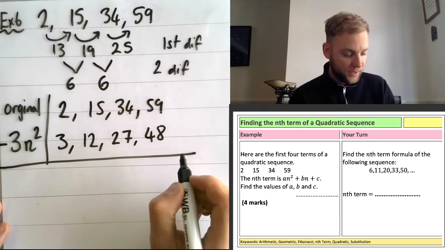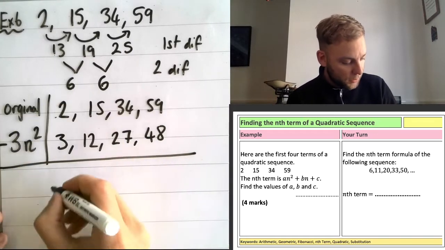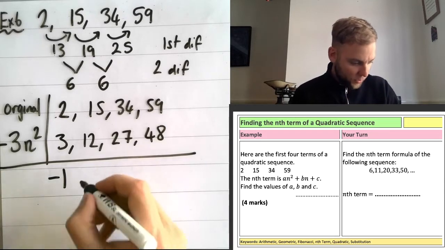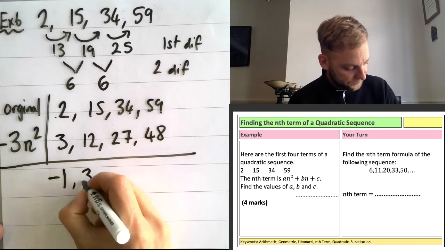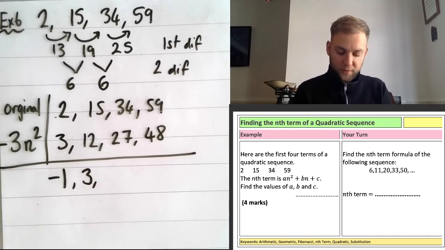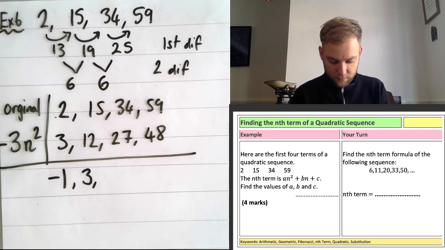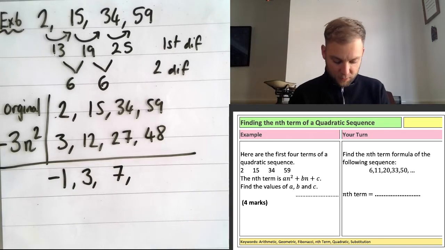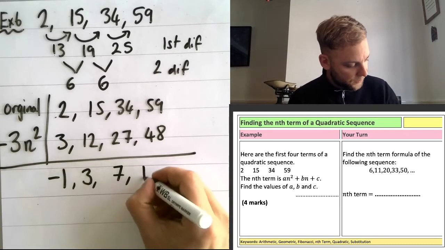So I'm subtracting all of this. So it's going to be 2 take away 3, which is minus 1. 15 take away 12, which is 3. 34 take away 27, which is 7. And 59 take away 48, which is 11.